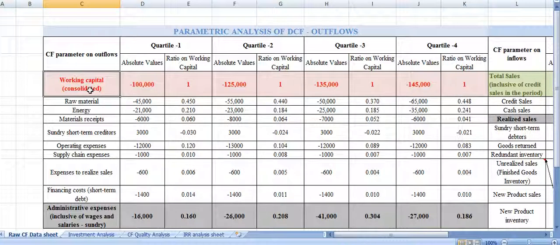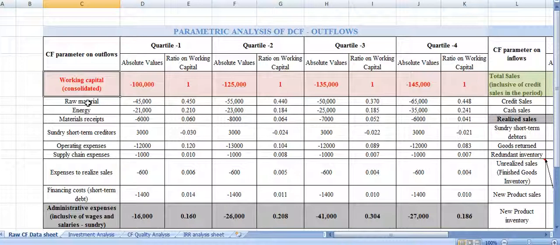So the first component is the working capital, and over here I mentioned it's a consolidated. And what does this consolidation imply? I will revisit this statement consolidation after we have explained each one of the variables within the parameter.